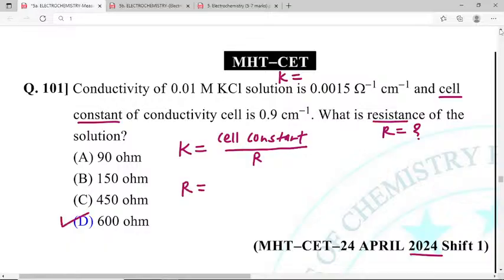So R is equal to cell constant divided by conductivity.